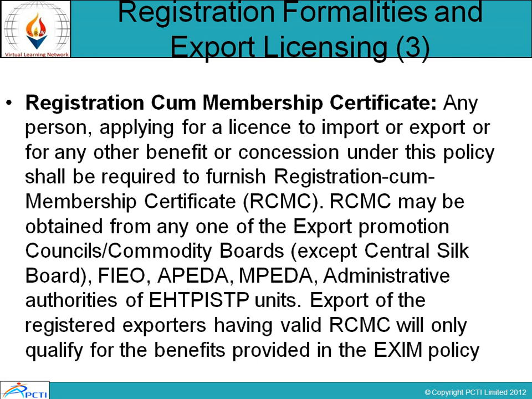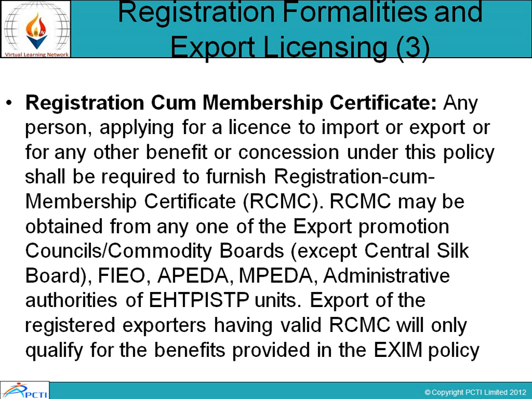After getting the IEC, another registration formality is the Registration cum Membership Certificate, that is RCMC, which the exporter and importer have to take. So any person applying for a license to import or export, or for any other benefit or concessions under this policy, shall be required to furnish the Registration cum Membership Certificate.